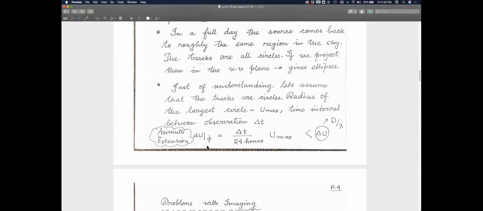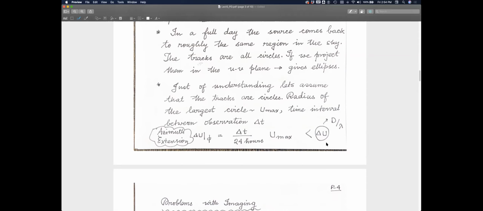So just like we saw a radial extension for the bandwidth smearing, this gives you an azimuthal extension. And if you make this delta t large enough that this delta u phi is greater than D by lambda, the smallest independent element that you can get in your baseline plane, then you will get time smearing.